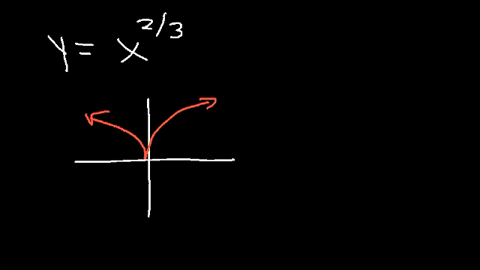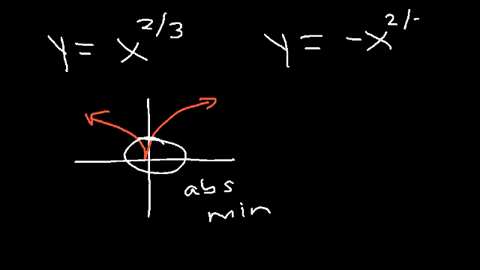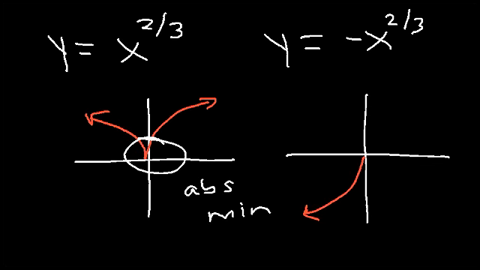It's not differentiable at 0, but it does have a local minimum value at 0 and an absolute minimum value. And if there's a negative in front of it, it's going to open in a downward direction. So it's going to have an absolute maximum value.